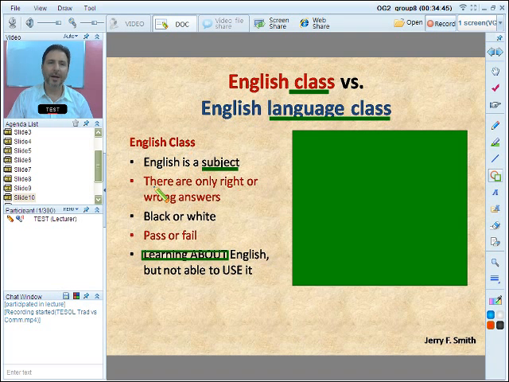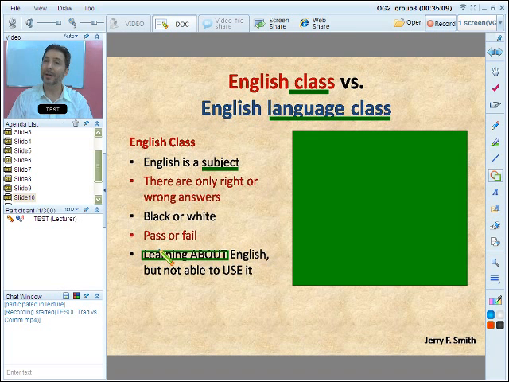Okay? In an English class, there are only right and wrong answers. Right, wrong, sit down, be quiet, very good, not very good. And this is how we approach it. There's black and white. There's only one or the other. Nothing in between. There's pass or fail. Sorry, you didn't get 70%.